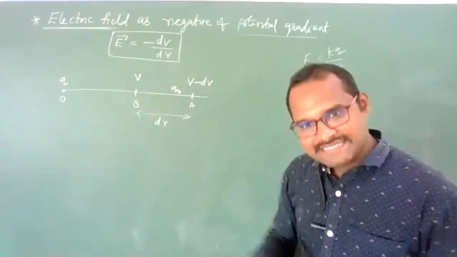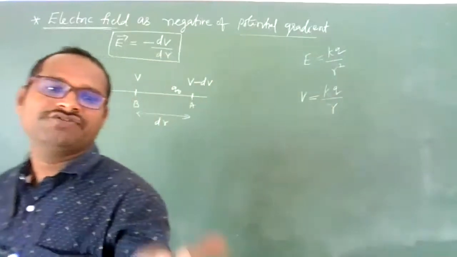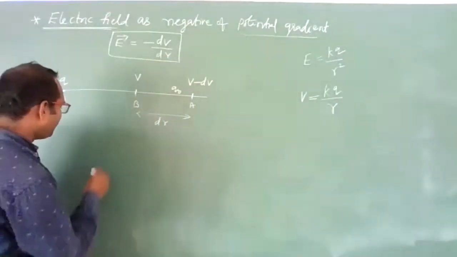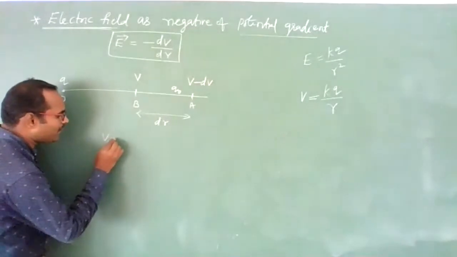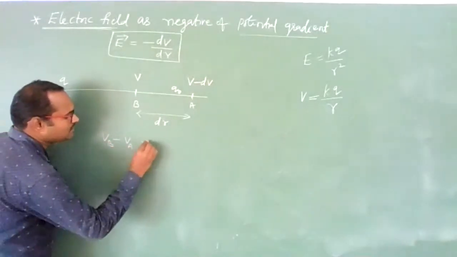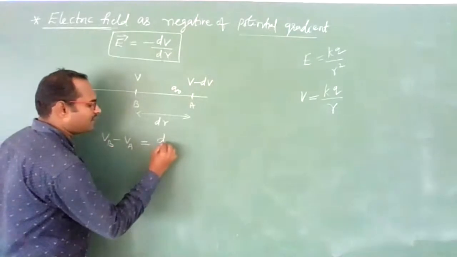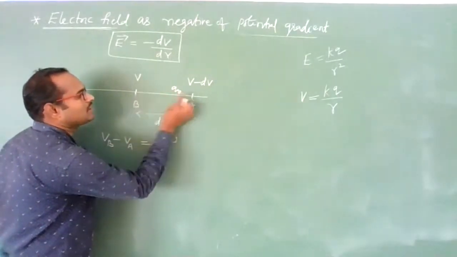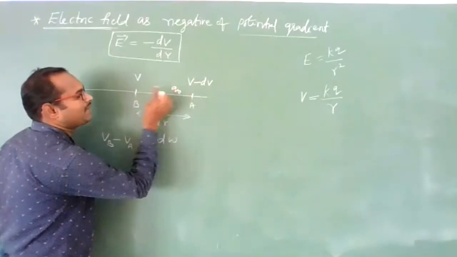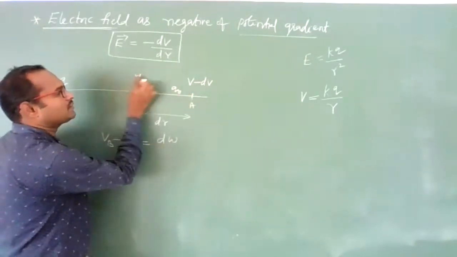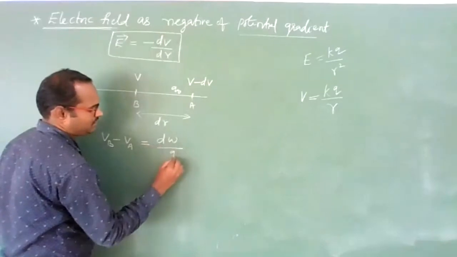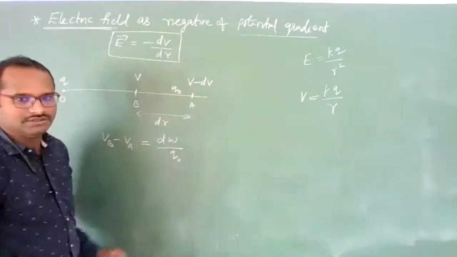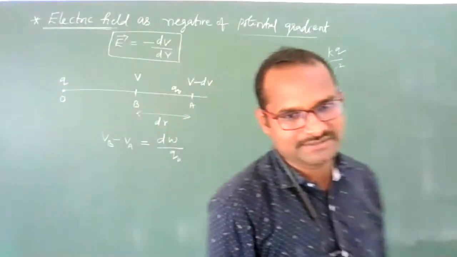According to the definition of potential difference, the potential difference between any 2 points is equal to the amount of work done in moving a unit positive test charge from one point to another point against the electrostatic field, per unit test charge. This is called potential difference.